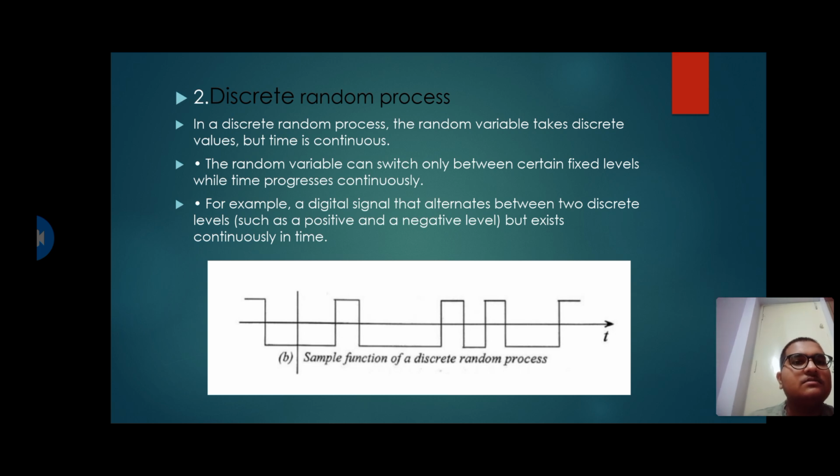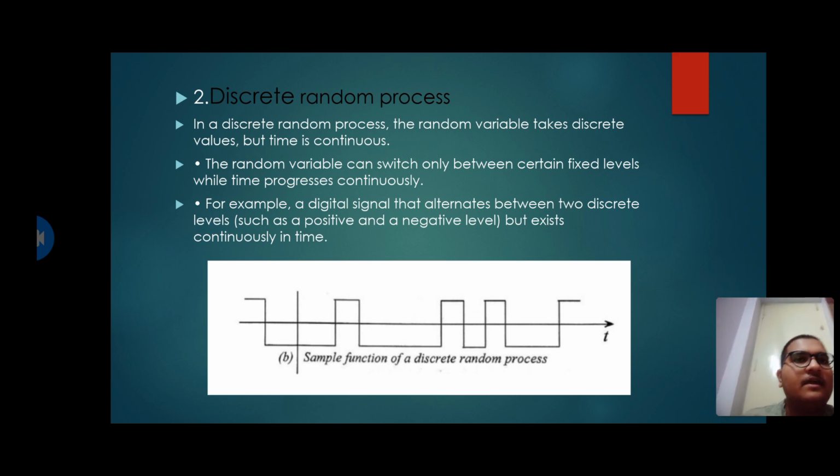Here the signal is first at a positive peak and next it falls to a negative peak. As time changes, the amplitude is either 1 or -1 at every interval of time. So it is either at the positive level or the negative level. Only two levels are present here.